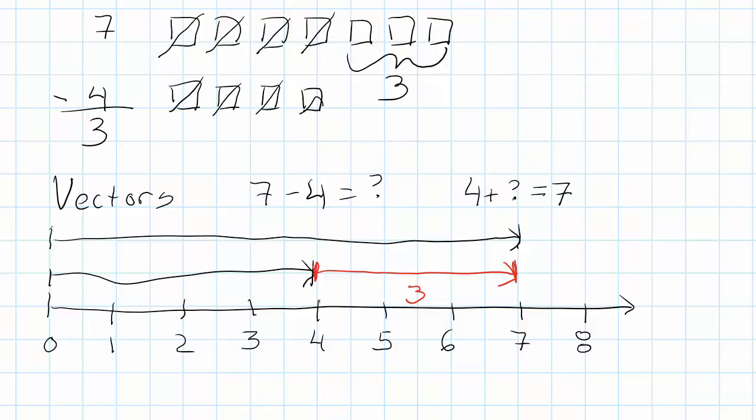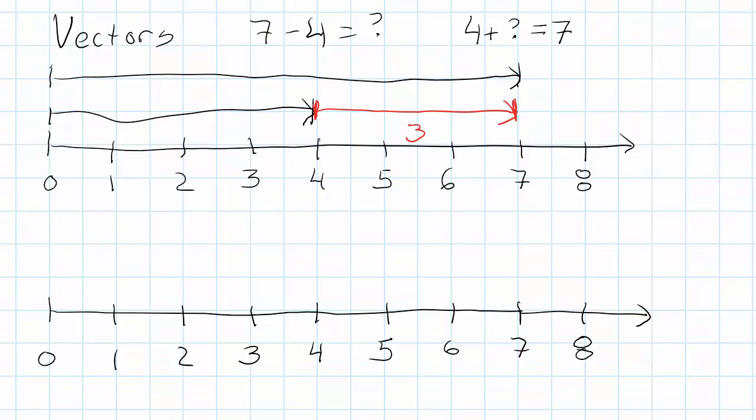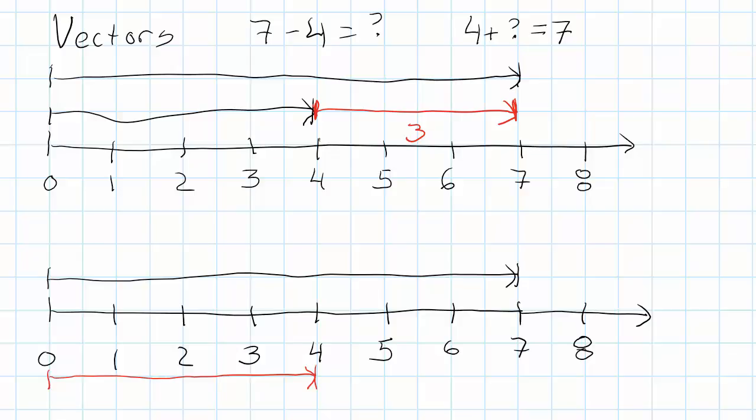There's another way we can think about subtraction in terms of vectors. We can think, well, the first number I see is 7, so I'm going to start by drawing the vector 7. And then, okay, well, I want the vector 4, but instead of adding it on, I want to take it away.